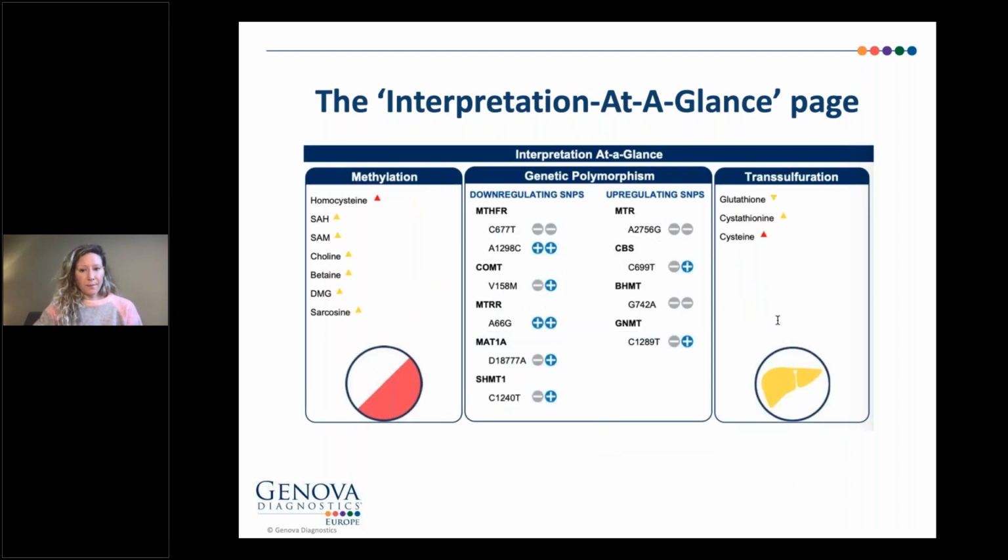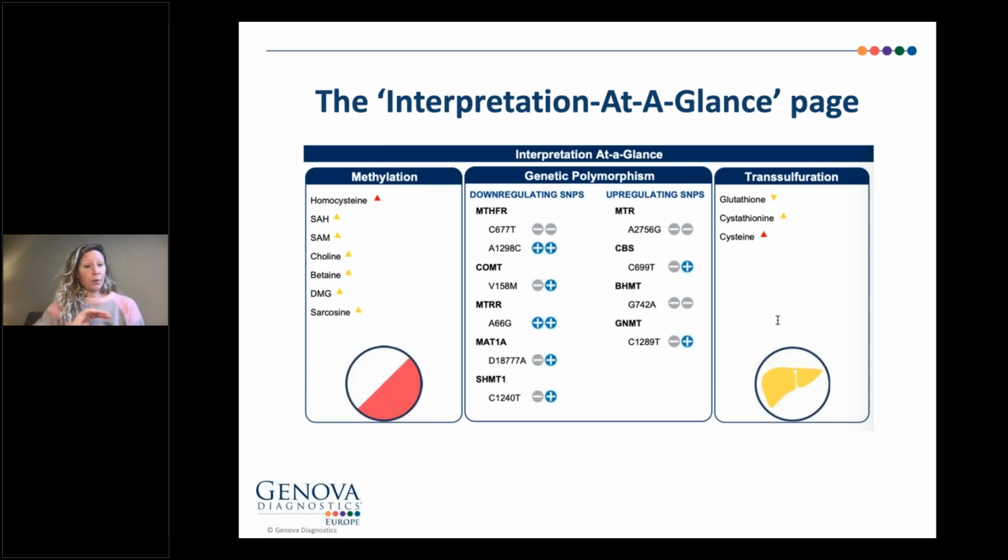The first half of the page is displayed like this, with the three functional pillars to help separate the biomarkers into distinct categories. The methylation and the transsulfuration pillars on either side of the genetic polymorphism pillar capture the abnormal biomarkers. And these abnormal biomarkers are, of course, listed again on page 2 within their reference ranges.